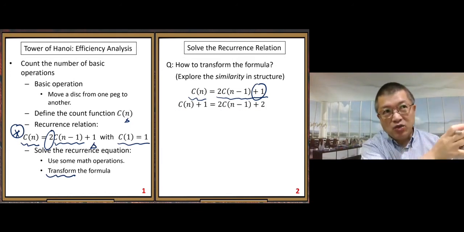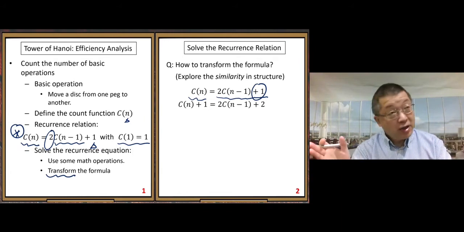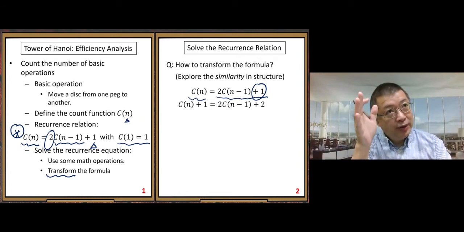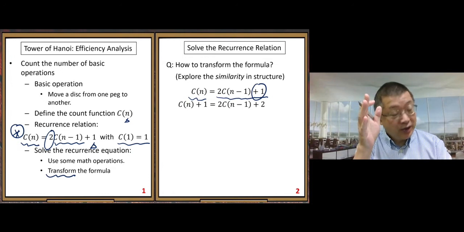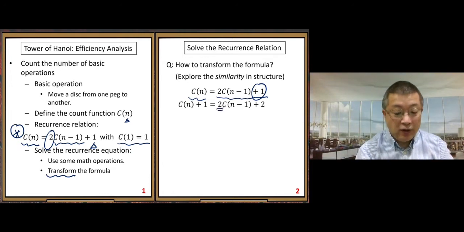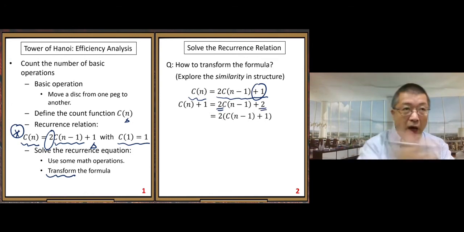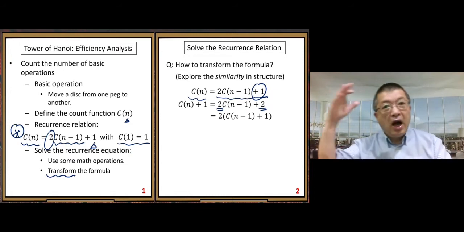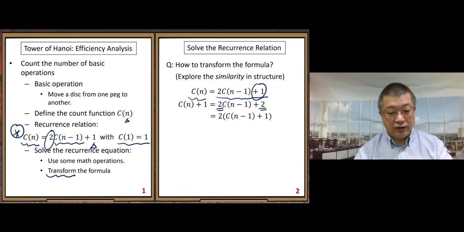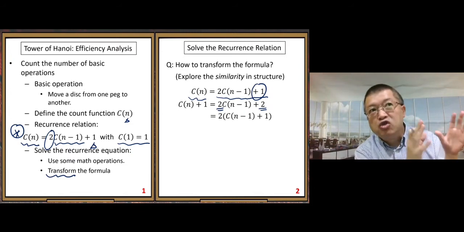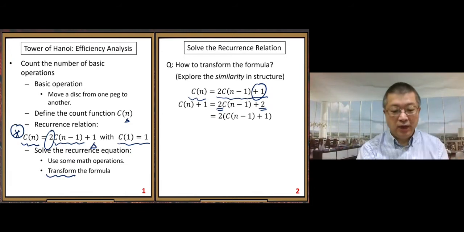So the left hand side is C of n plus 1, and the right hand side is 1 plus 1, that's 2. You have 2 as the leading coefficient of the C function, and this 2, can you factor that 2 out? After you factor that 2 out, what new structure do you get?